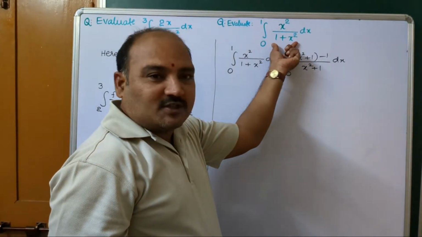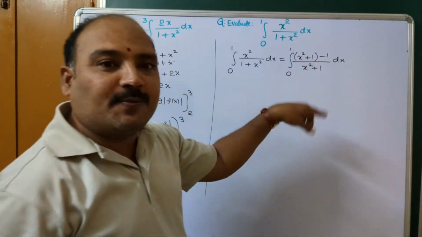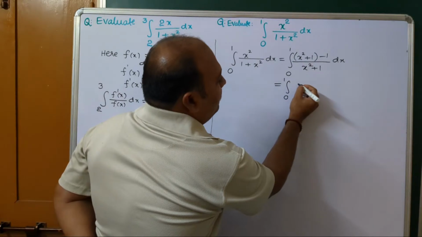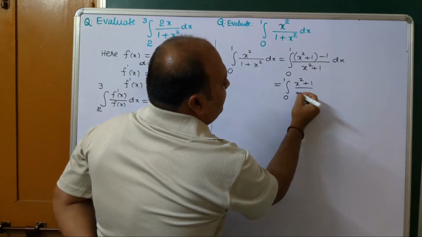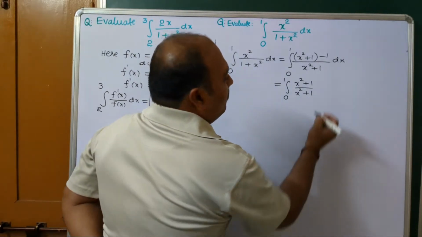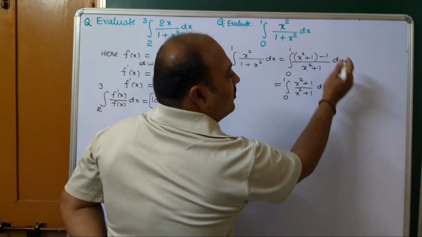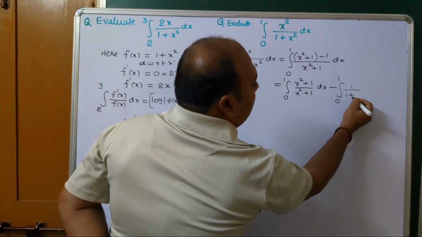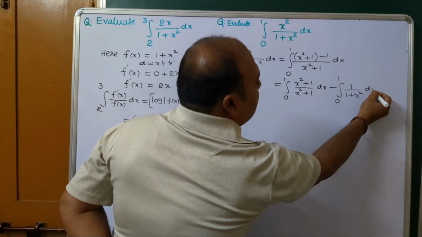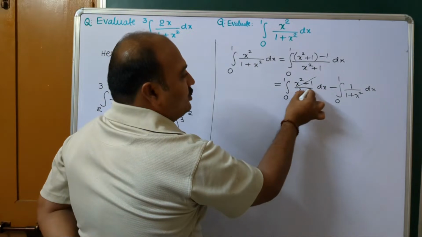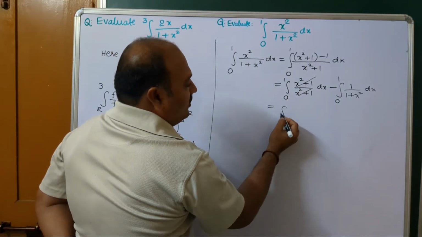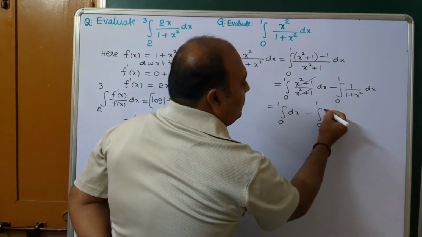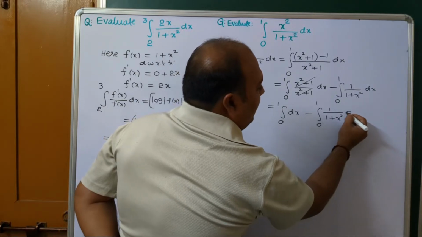So we can split into two integrals: 0 to 1 of x square plus 1 by x square plus 1 dx minus integral 0 to 1 of 1 by x square plus 1 dx. We can cancel these two, giving integral 0 to 1 dx minus integral 0 to 1 of 1 by 1 plus x square dx.